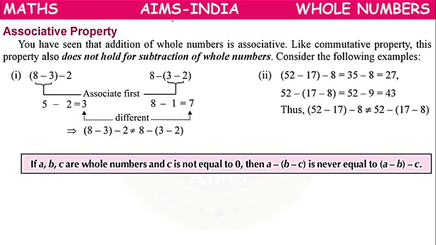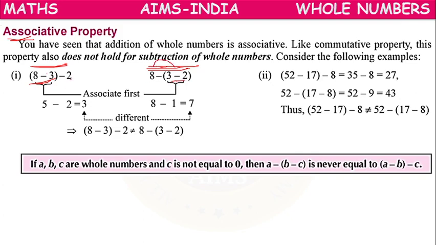Next, the associative property. Associative property means we have to take three numbers, like in addition, and group two numbers together and then subtract the third number, or group the second and third together and then subtract from the first number.